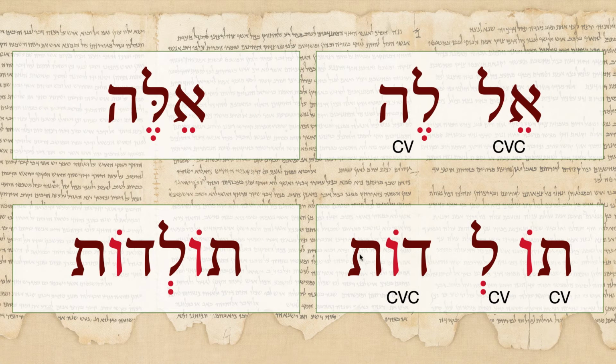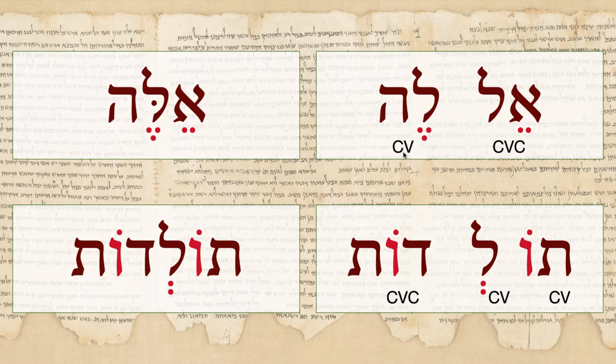Let's take some examples. Here we have this word Elle. El: the aleph is a consonant, the tsere is a vowel, and the lamed is a consonant. So El ends with a consonant, and therefore it is a closed syllable.